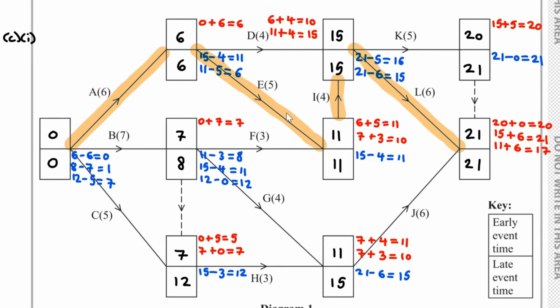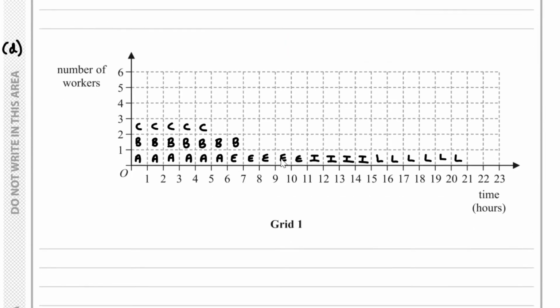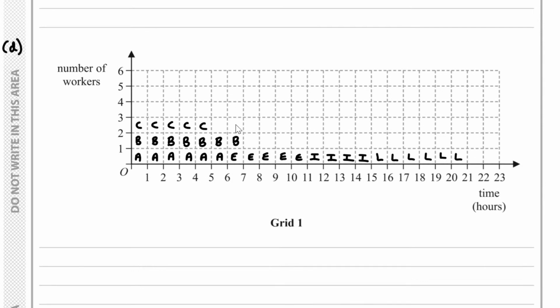Now, let's take a look at D. This starts at 6, and it has duration 4. So it starts here. But the problem is we can't have any gaps underneath like this. So here, let's just move these down to this point here. So here, we have D.